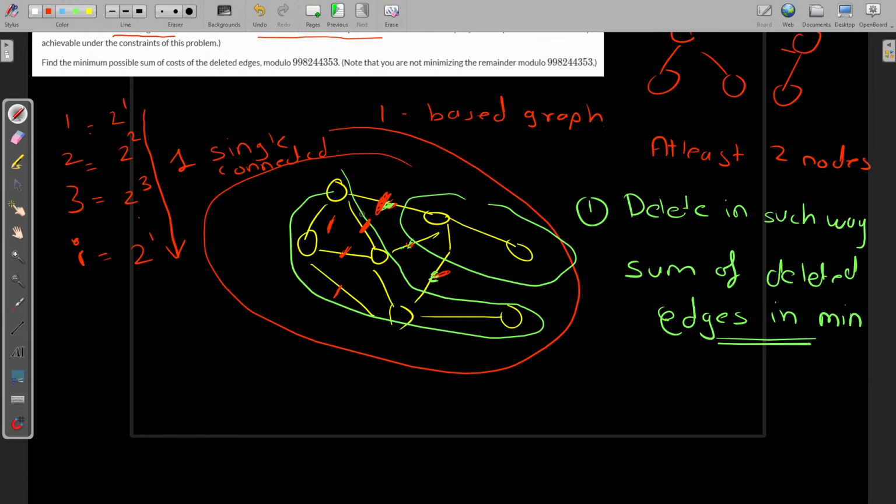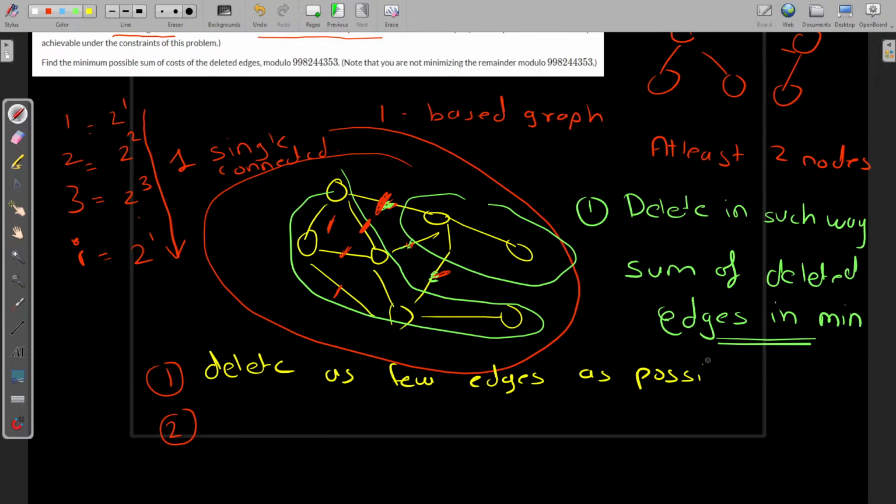So we will try to do that by deleting the minimum number of edges. If I have to keep the sum of deleted edges as minimum as possible, then two things come to mind. First, we can delete as few edges as possible. This is the first approach which will come to mind. Like if you think, I want to minimize, delete as few as possible.